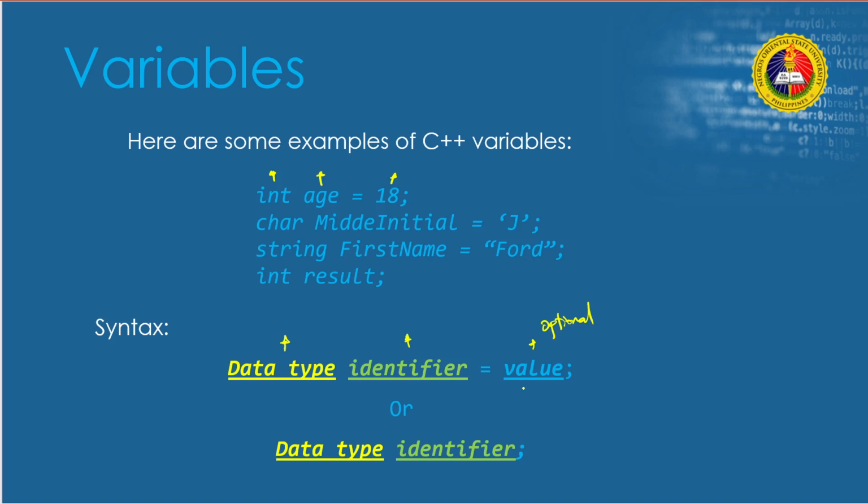Alright. So in some cases, we don't necessarily have to put value depending on unsa atong ganahan may tapos sa program. So in this example, we have our int, that is the data type, and then we have age as the identifier, and 18. Alright, so question, kaning age, can we use any other words aside from age?